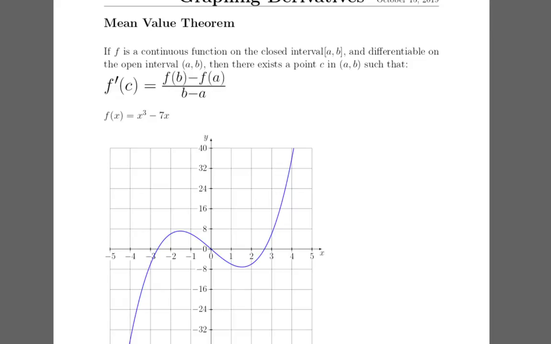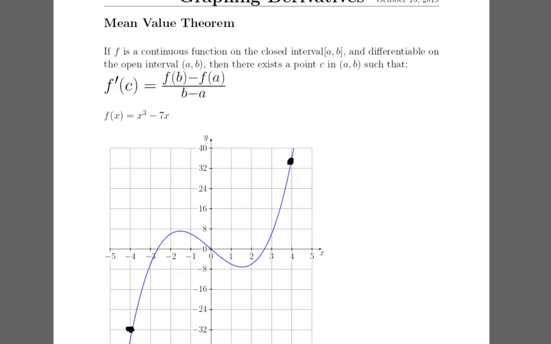All right. So first we have to choose an a and a b. We want to go from a to b, so let's choose a equals negative 4, so it'd be down here, and b equals positive 4, so it'd be up here.